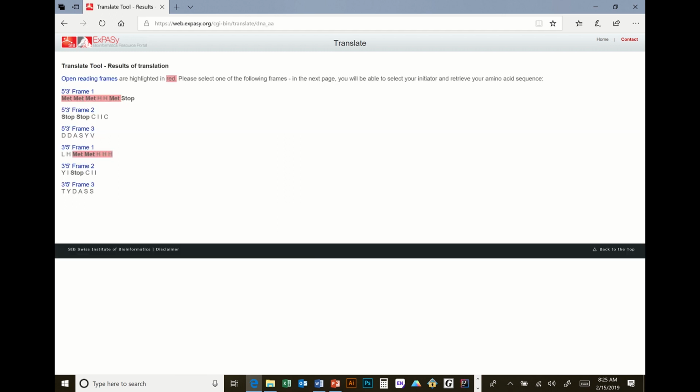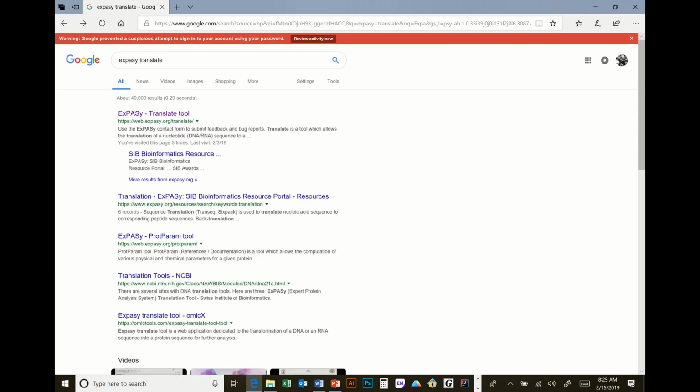Okay, so verbose is telling you the 3-letter code: methionine, methionine, methionine, histidine, histidine, methionine, stop, okay? And there's 3 different frames, and there's 3 different frames going the other way, right? Does that make sense?